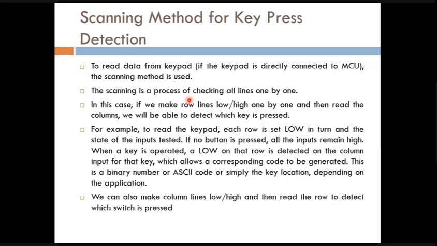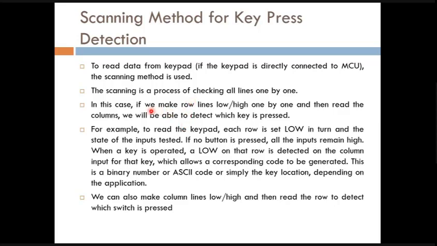So if we have 4 rows, we go checking row 1, then column 1, row 1, column 2, 3, 4, and then going down to row 2, and then repeat again column 1, 2, 3, 4, and so on. The flow starts from row 1, then checks the columns, and then goes to row 2, checks the columns, and then you repeat the whole thing again.